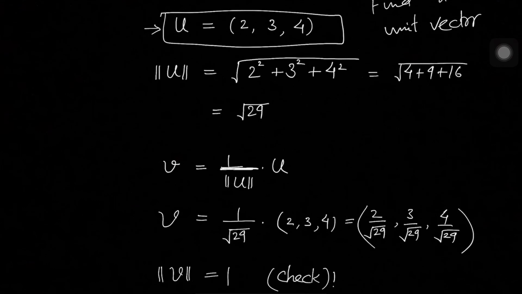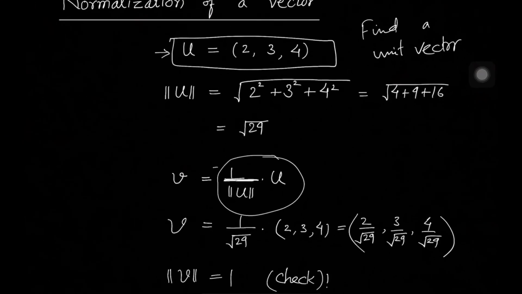If you have to find a unit vector opposite to the direction of u, just find this vector and multiply it with a minus sign. This will be a unit vector in the opposite direction of u.